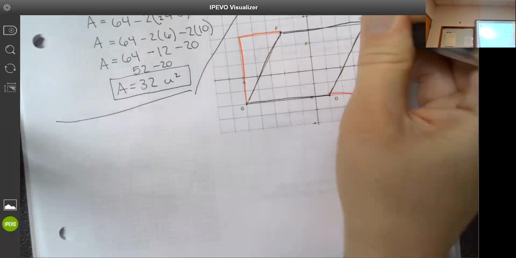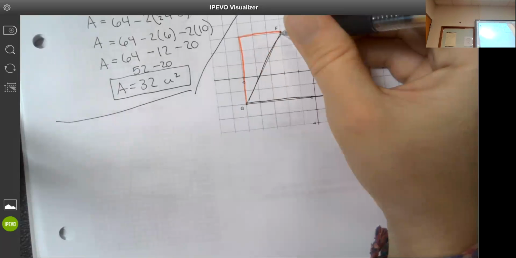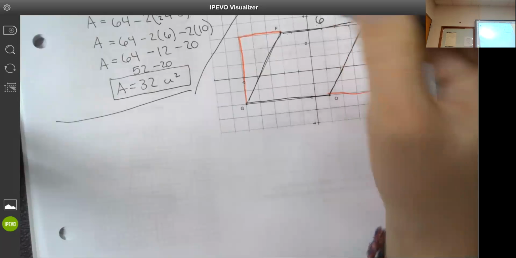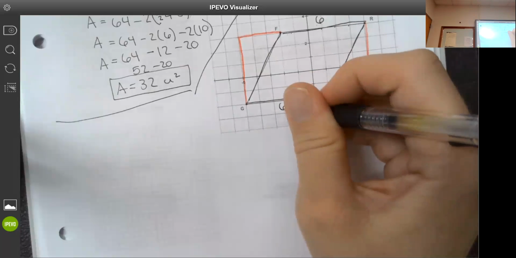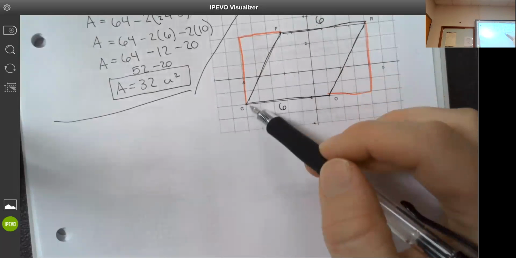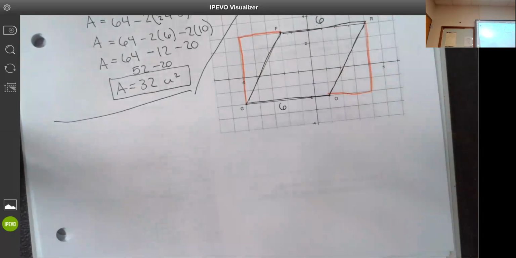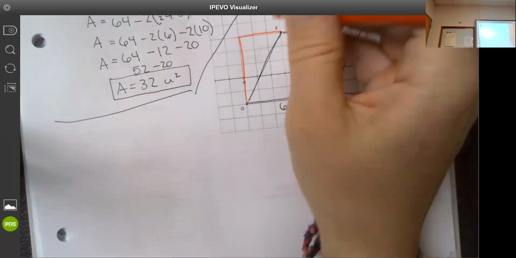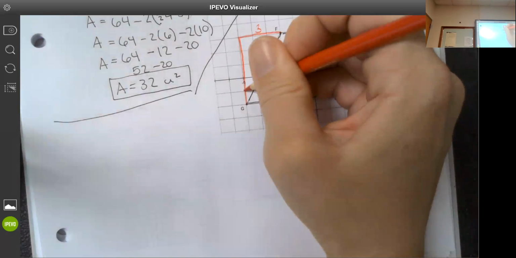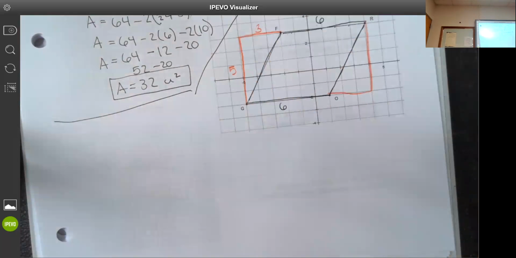For these sides, for the top and bottom, we can just count units. 1, 2, 3, 4, 5, 6. And same here. But we don't know this length. So to find this length, we will use the triangle, which is 3 units on this leg and 5 units on this leg.